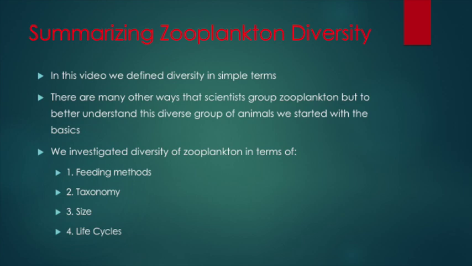We looked at zooplankton with different feeding methods. We looked at taxonomic differences. We looked at size differences. We also looked at life cycles of different zooplankton in order to better understand them and better place them into the more accurate groups that they should be put in.